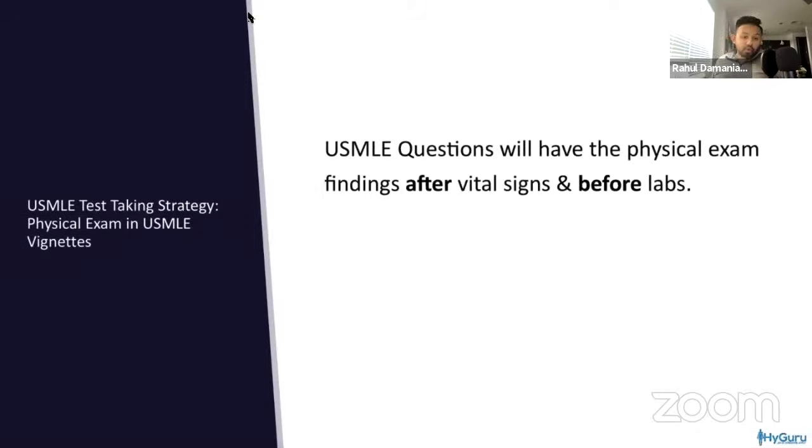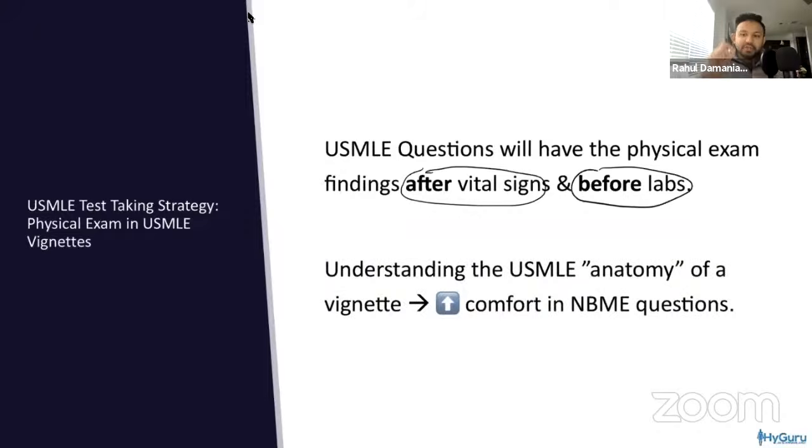So let me go through some physical exam findings when it comes to USMLE vignettes. What I first wanted to call your attention to is the fact that USMLE questions will have the physical exam findings usually after the vital signs and before the labs. And this is where I want to highlight this concept that you should know the anatomy of the vignette.